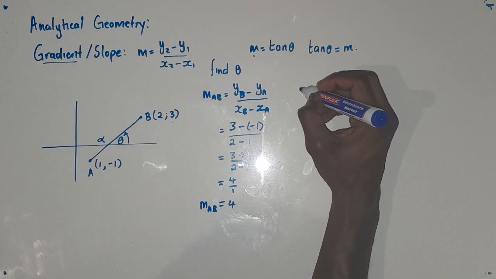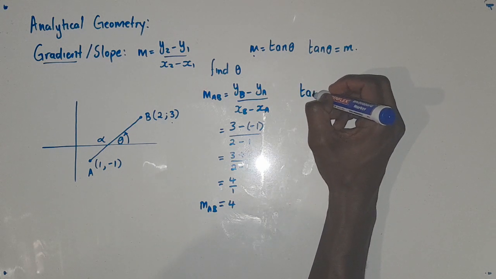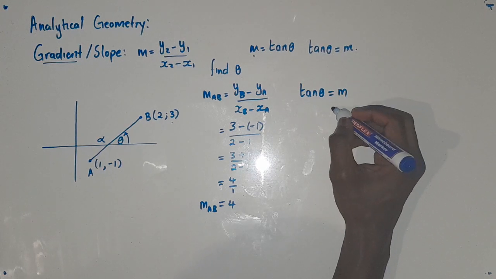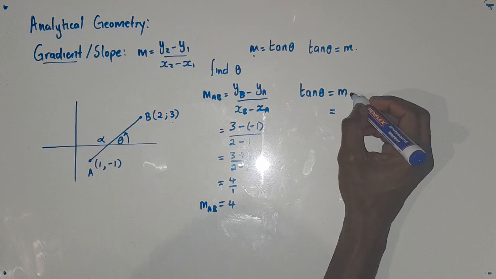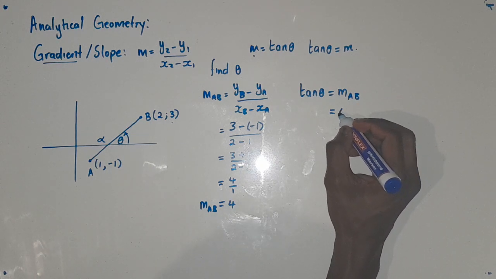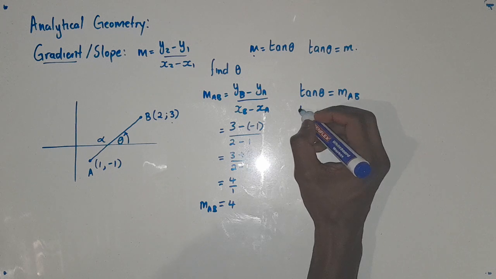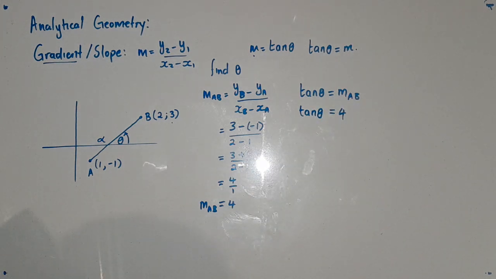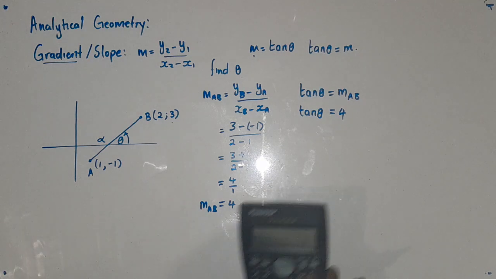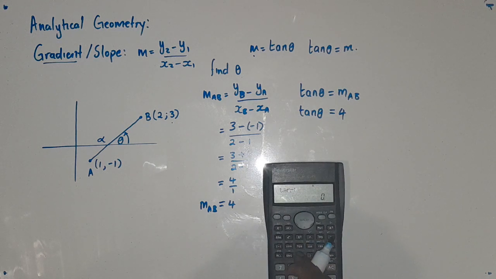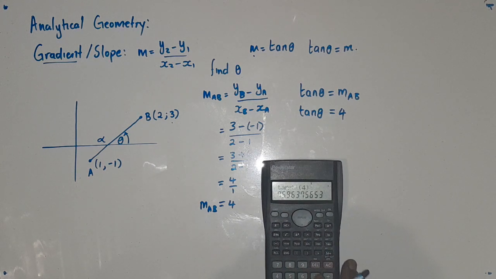Now we can then say tan theta is equal to m, which is our gradient of AB in this case. Let us substitute 4. Then we have tan theta. I don't have my Casio with me, I have this one. I'm going to say shift tan of 4.